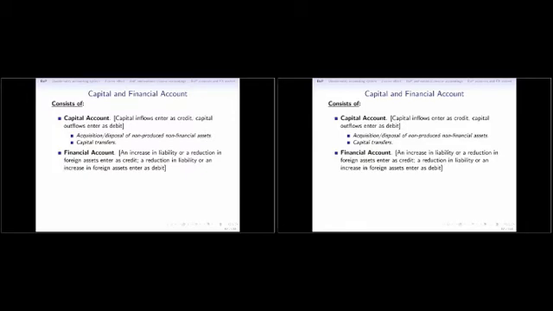Why not? Gold has a lot of value. So exporting gold is a reduction in foreign assets. It is the reduced holding of foreign assets, and in that case, gold export gives credits, just an export. So even financial assets are credits as well.